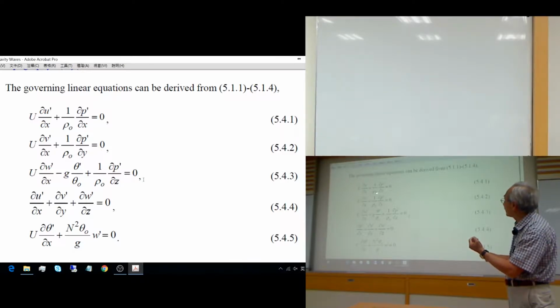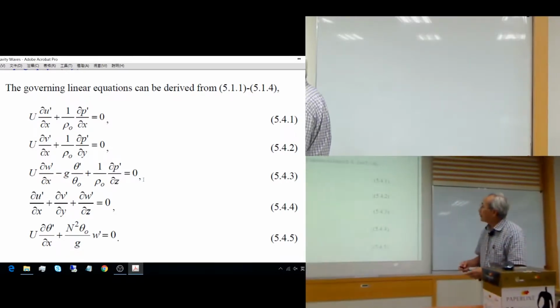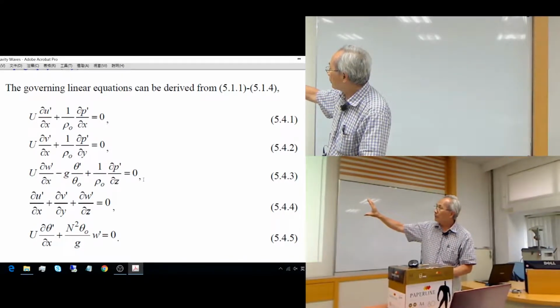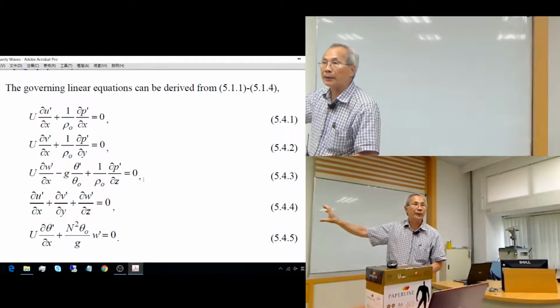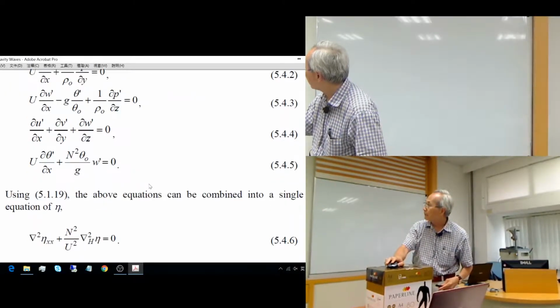So we have the donut here, and this is the buoyancy force, and so then those equations can be combined into one equation of W, or W prime.